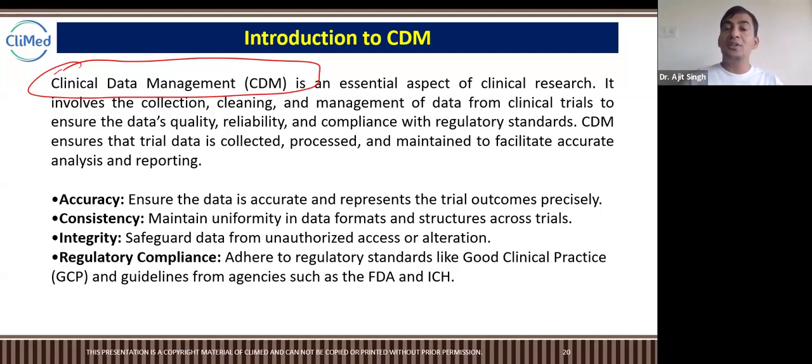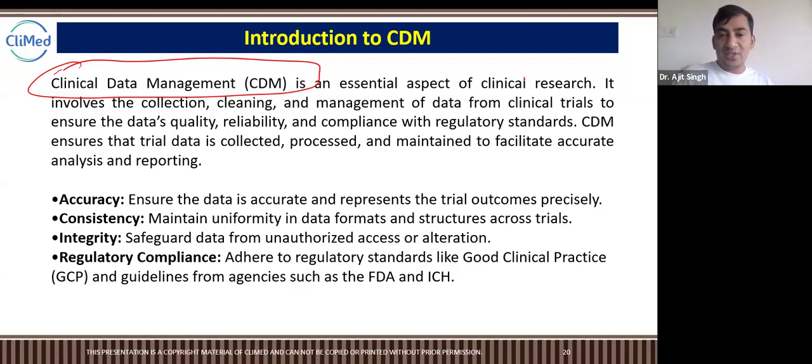The CDM team is involved from the designing of the study, designing of the entire clinical research project, to the end, till publication, and even to the retrieval, or to the archival. The CDM team is even working after the clinical trials in archiving the data, and storing the data, right? So CDM is not just someone who will work on the data, but CDM works from the first phase to the last phase.